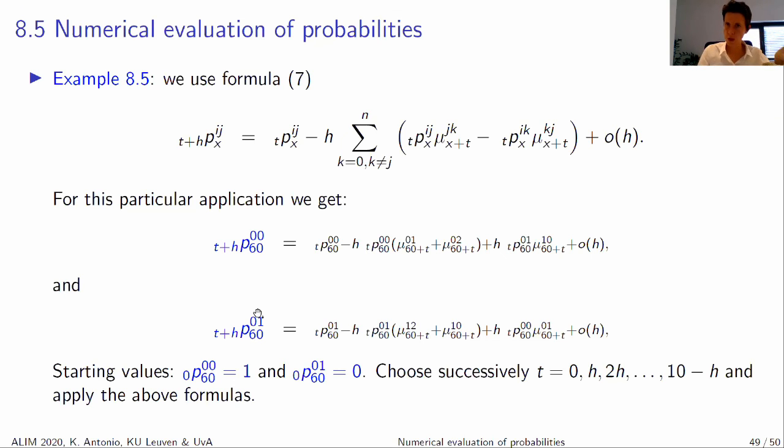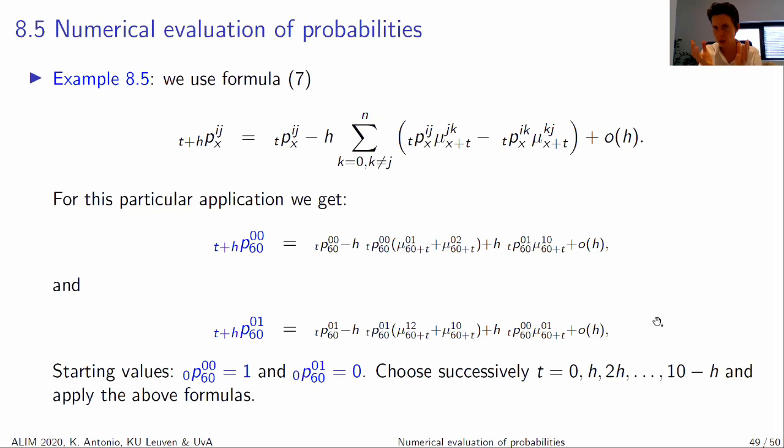You start in a healthy state and you will be in the disabled state after a certain period of time. So here you work again with the Kolmogorov equations, but now i refers to state 0 and j refers to state 1. You plug it in again, look at which transition intensities are possible, and write down the expression.